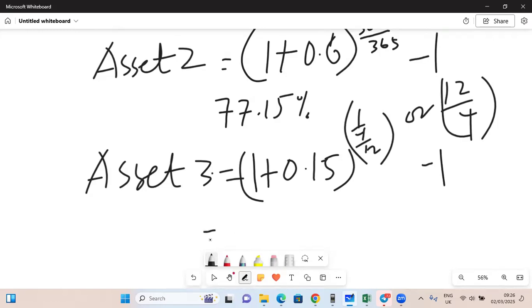Then we are going to get 52.08%, which you multiply by 100.